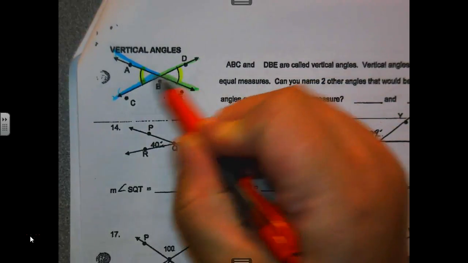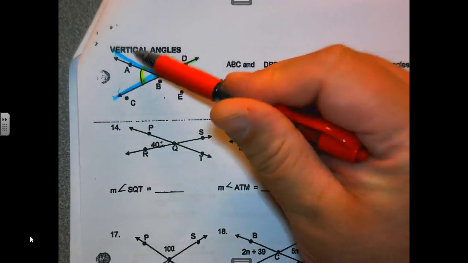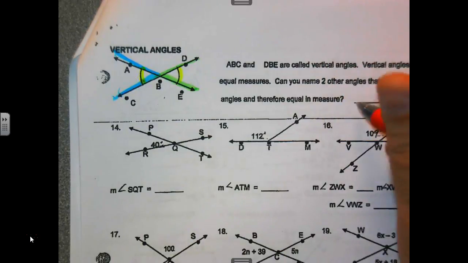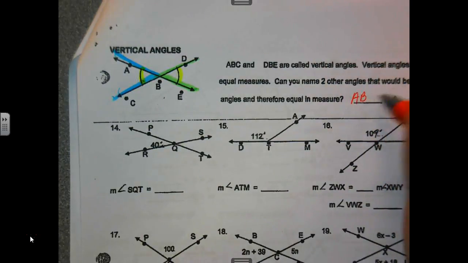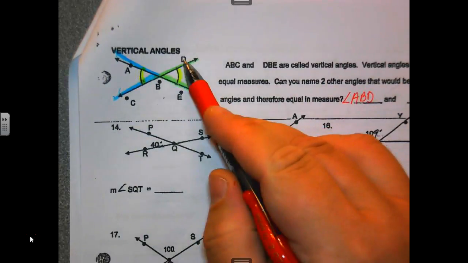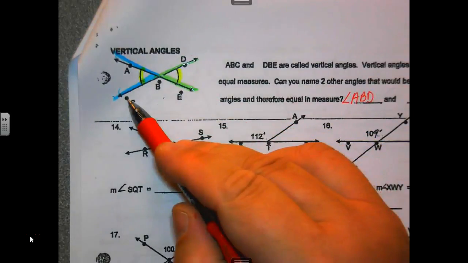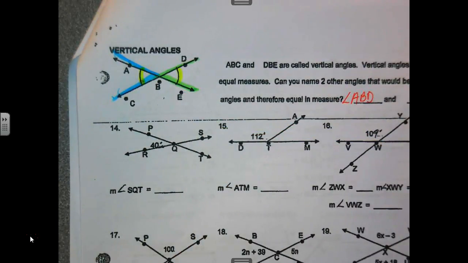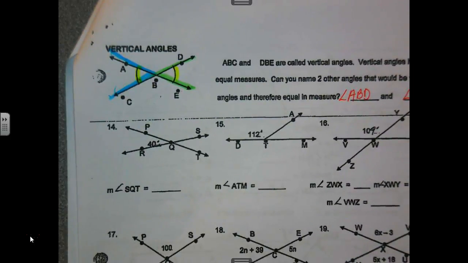If these two are equal angles, that means angle ABD is going to be equal to angle CBE. Actually, in geometry, angles are congruent. Their measurements are equal.